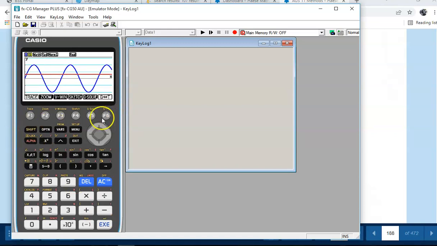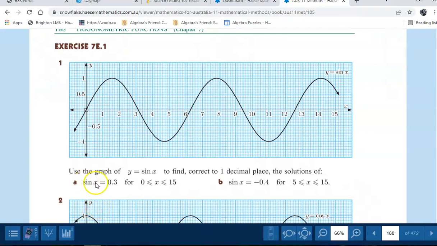To now solve this, hello, your best friend. And soon you're going to replace this best friend with something else, but G-solve and intersect. And you can see we've got lots of solutions. Now, keep in mind, at the start of this year, if you had sin x equals 0.3, and I said, what's the solution for x?